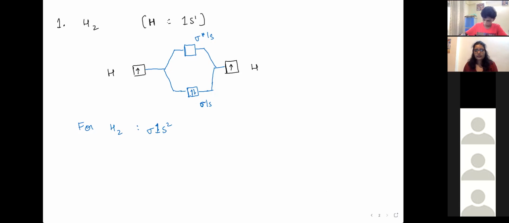Okay. Similarly, can you guys work it out for He, helium? If we were to look at a molecule of the form He2, helium having electronic configuration of 1s2, can you figure out the molecular orbital configuration for helium? The diagram will be the exact same. So instead of hydrogen, you'll have the details filled up for helium.